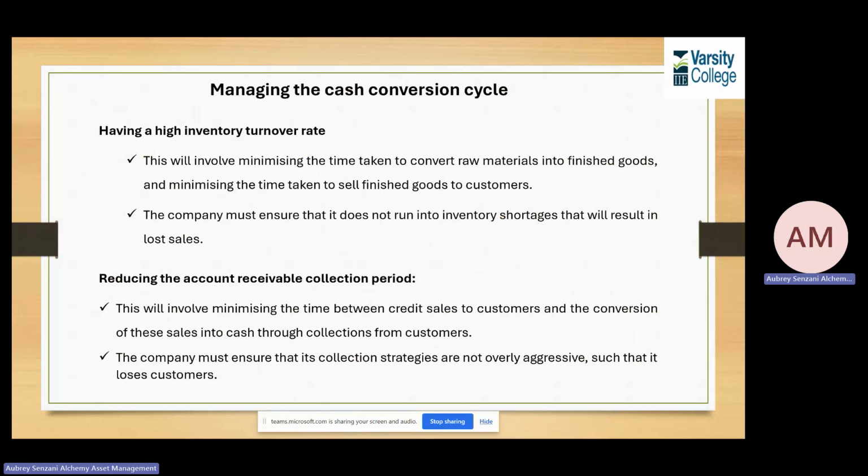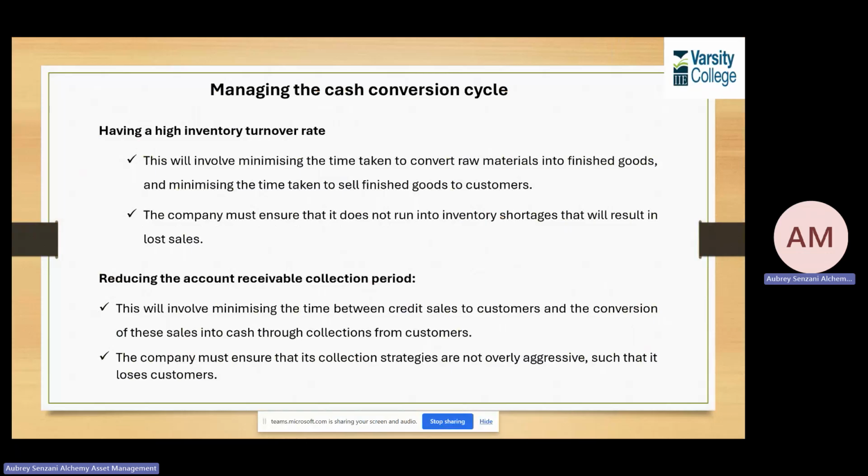Then here they say managing the cash conversion cycle, having a high inventory turnover rate. This is what we want. Okay, high inventory turnover rate means what? We are selling stock faster.